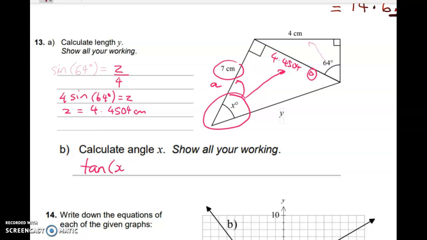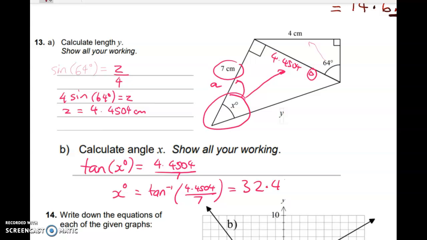Tan of x degrees is equal to 4.4504 over 7. So x is equal to tan inverse of this. And when I did that on my calculator before, I got 32.4 degrees.